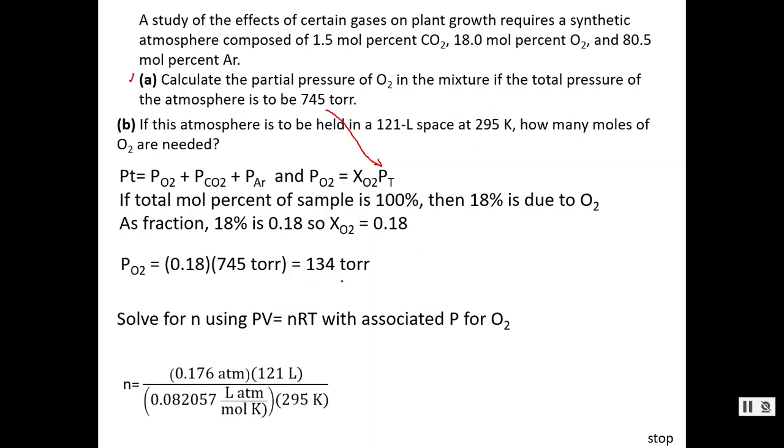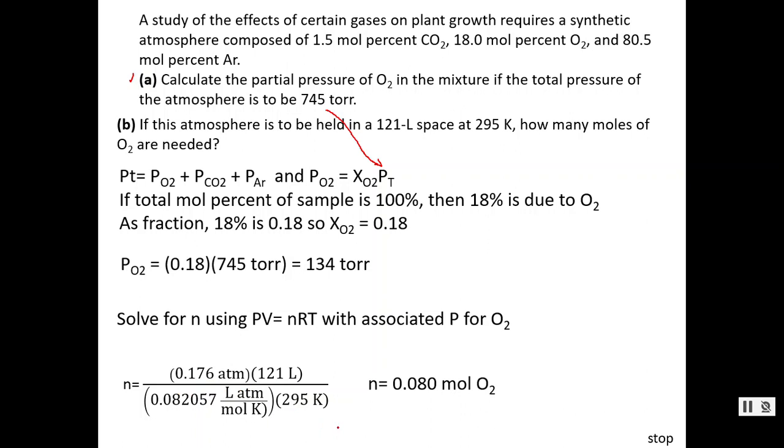And so doing that, converting that 134 torr into atmospheres and setting up PV equals nRT, I see my units cancel appropriately. That leaves me with a final answer of 0.080 moles of oxygen.